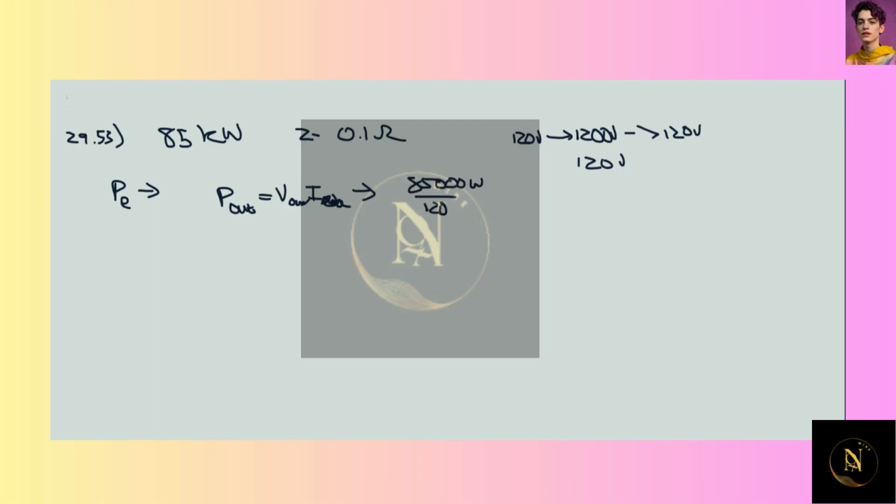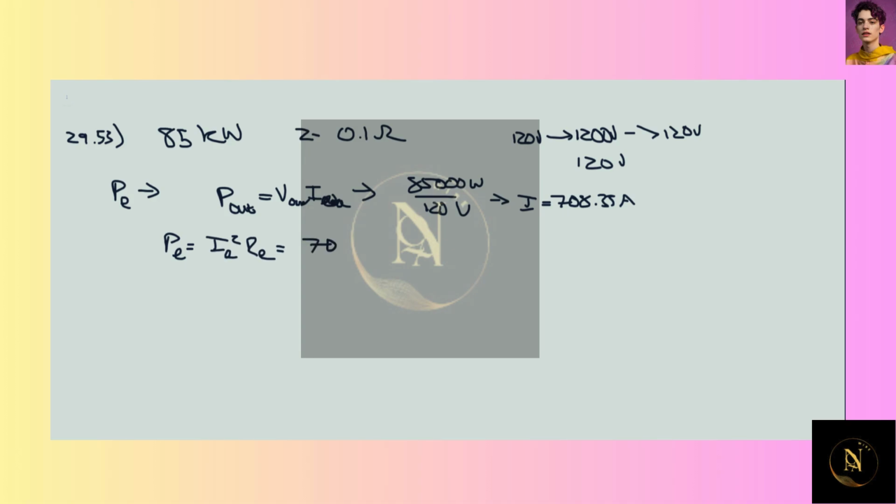we see that this is going to be transmitted at a current of 708.33 amps. And now the power lost is given by the current in the line squared times the resistance of the line.